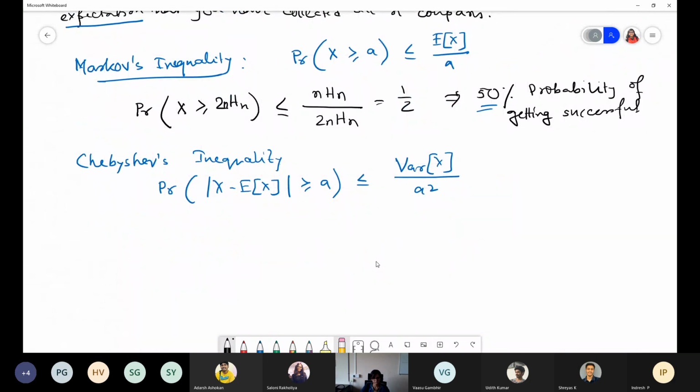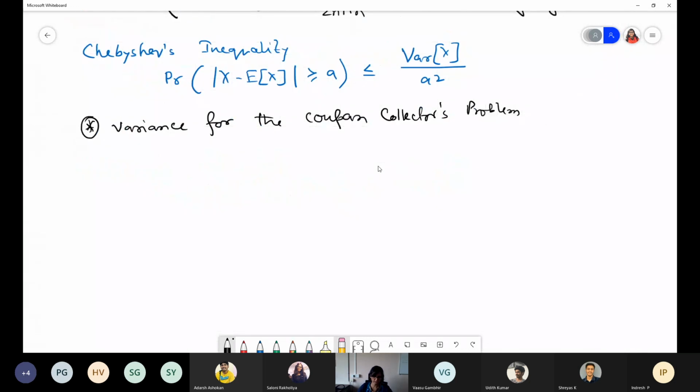So variance for the coupon collector's problem, this I have to calculate. How can we do that? I know the variance of any geometric random variable. Variance of Y, say Y is, this is what we calculated the last day.